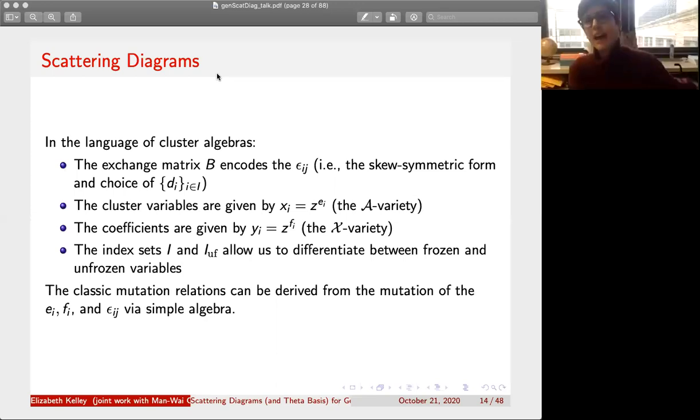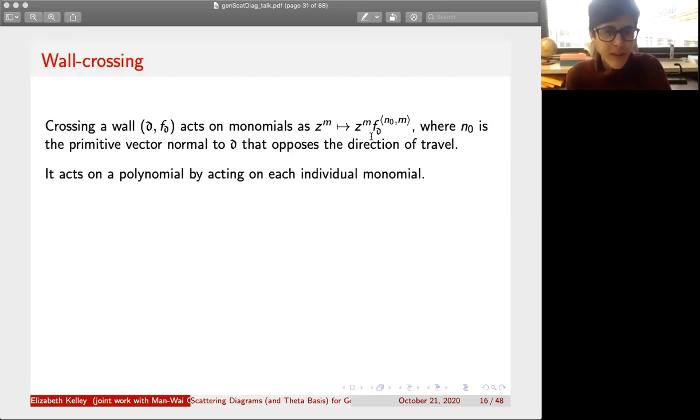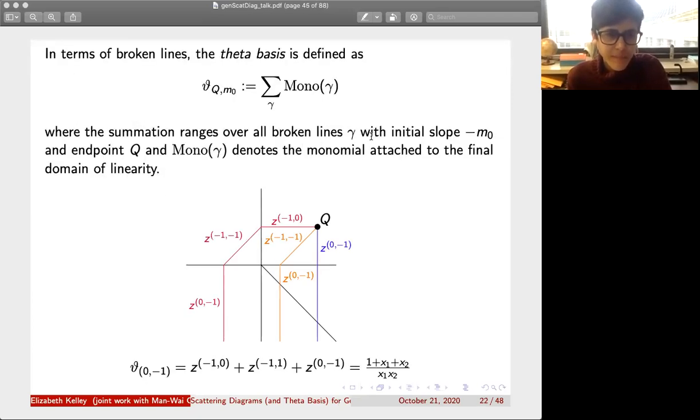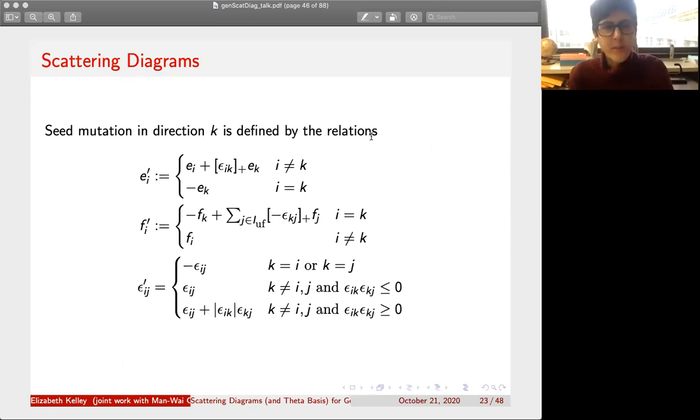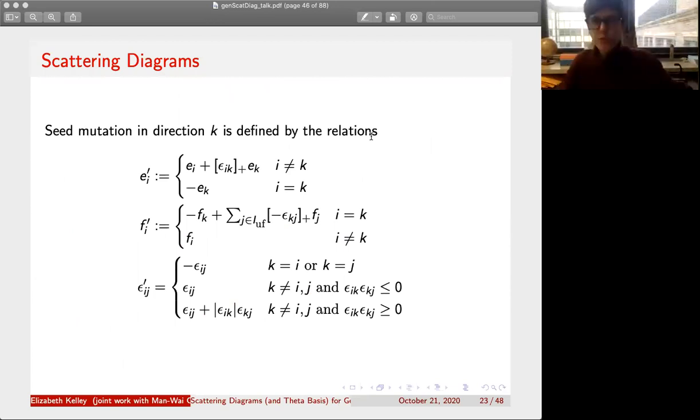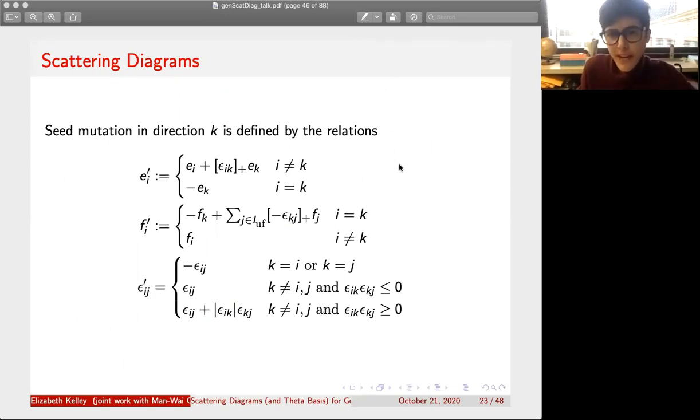Oh, I see. So let me see if I can find the slide that I want to point out. Okay, so these are the mutation relations for the EI, FI, and epsilon ij. So the way that you do this is you just sit down with the fact that, again, if I switch to the drawing tool, this would be better.